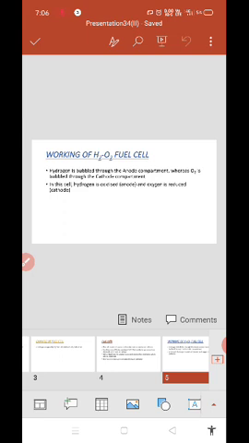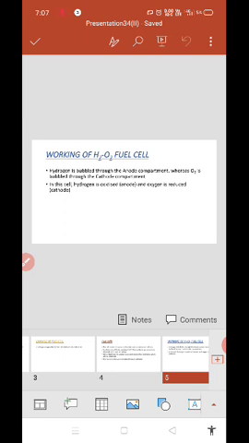Hydrogen is bubbled through the anode compartment, whereas oxygen is bubbled through the cathode compartment. In this cell, hydrogen is oxidized at the anode by losing electrons, and oxygen is reduced by gaining electrons at the cathode compartment.